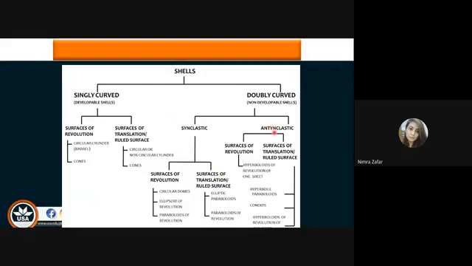In anticlastic, surfaces of revolution include hyperboloids of revolution of one sheet, and then for surfaces of translation, we have hyperbolic paraboloids, conoids, and hyperboloids of revolution of one sheet.